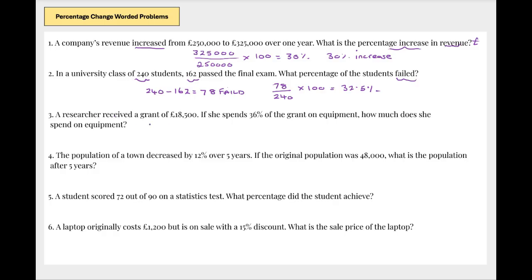A researcher received a grant of 18,500. If she spends 36% of the grant on equipment, how much does she spend on equipment?